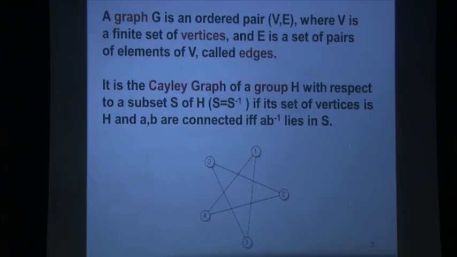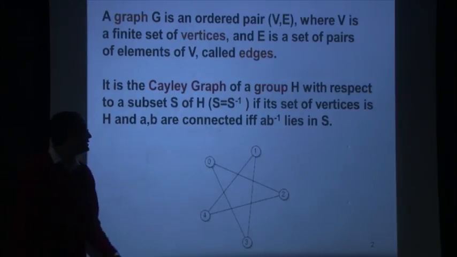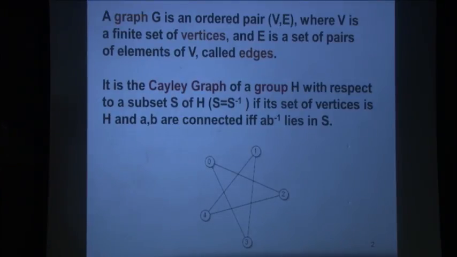So S is equal to S inverse. Two vertices A and B are adjacent if A times B inverse lies in S. Because S is closed under taking inverses, this is if and only if B times A inverse lies in S. So indeed, this is an undirected graph.